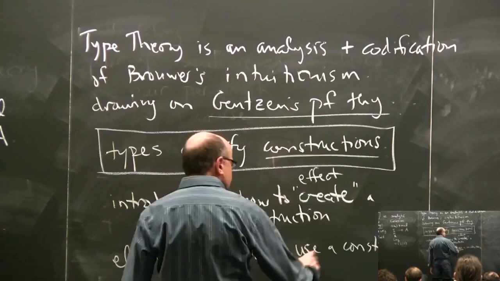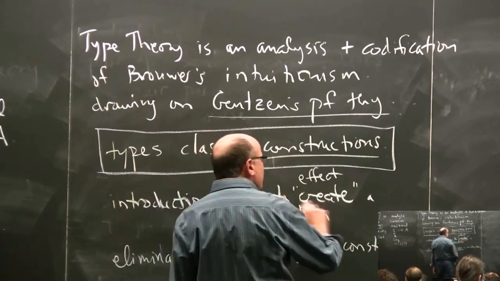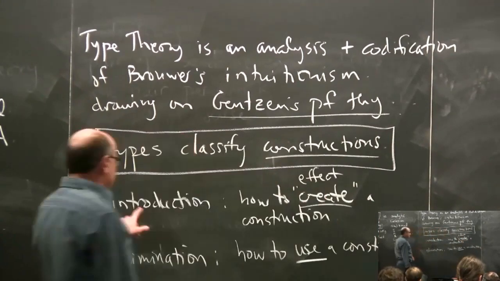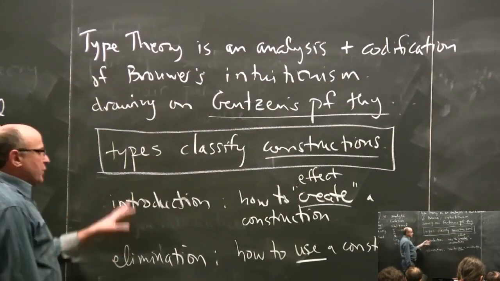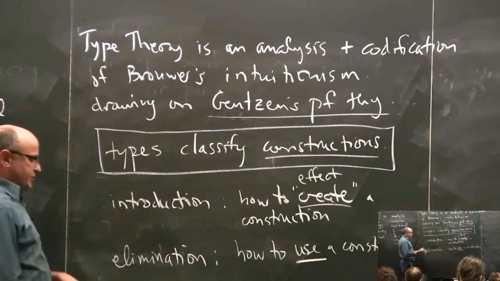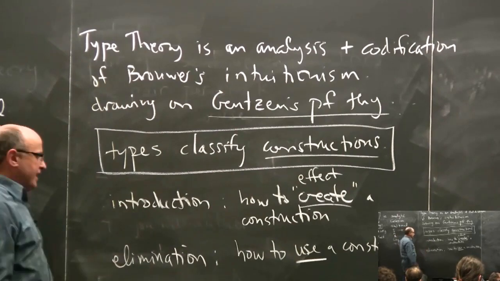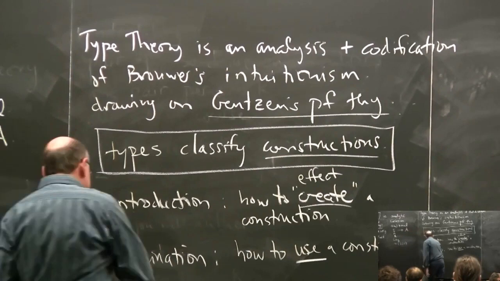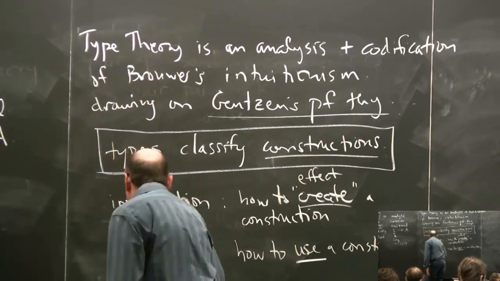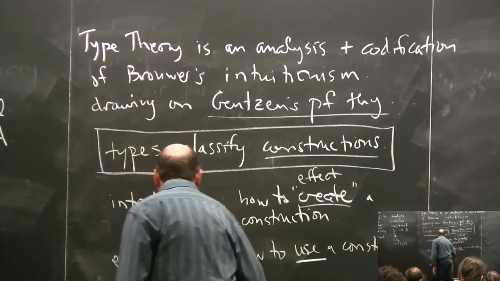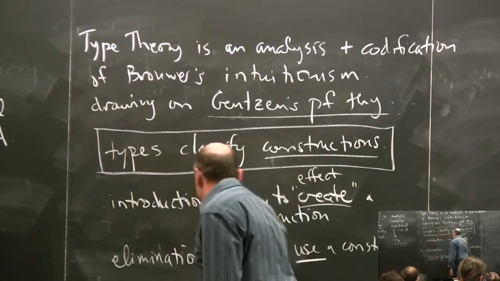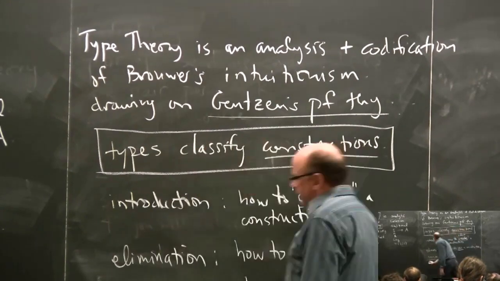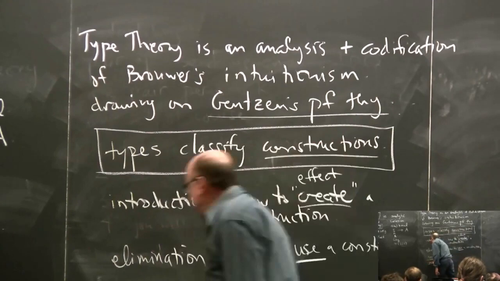So how to create one, to introduce one, is the terminology, and eliminate, maybe you don't like the word eliminate, but that's the tradition, which is the opposite of introduce. You introduce it and then you take it back apart. And these are linked by what is called the inversion principle, which I also like to call the principle of conservation of proof.